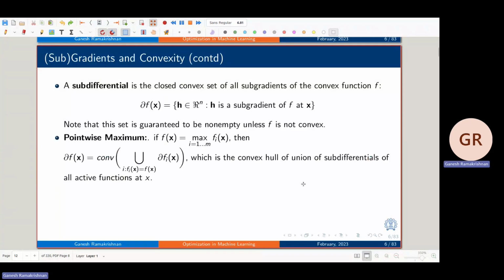So I'm not going to do in as much detail all the other properties. This is one property, very intuitive. Pointwise maximum.